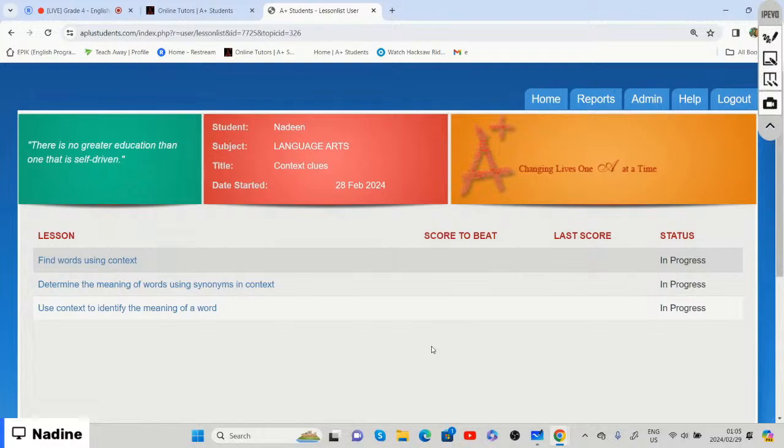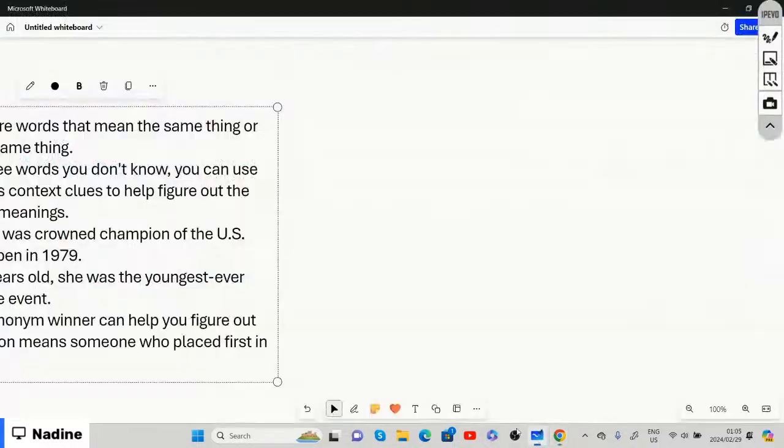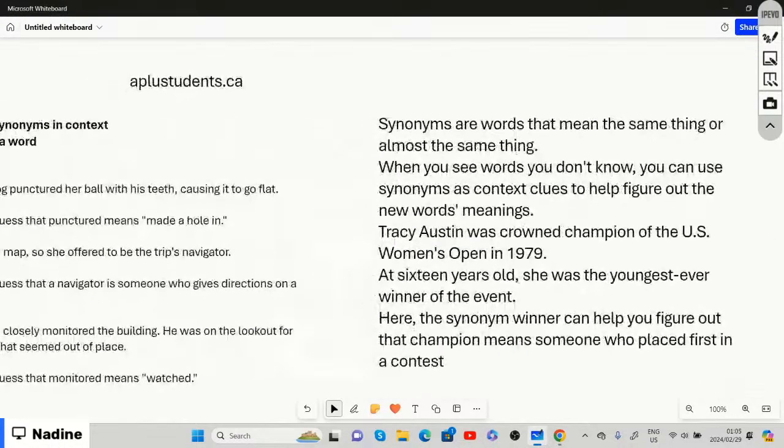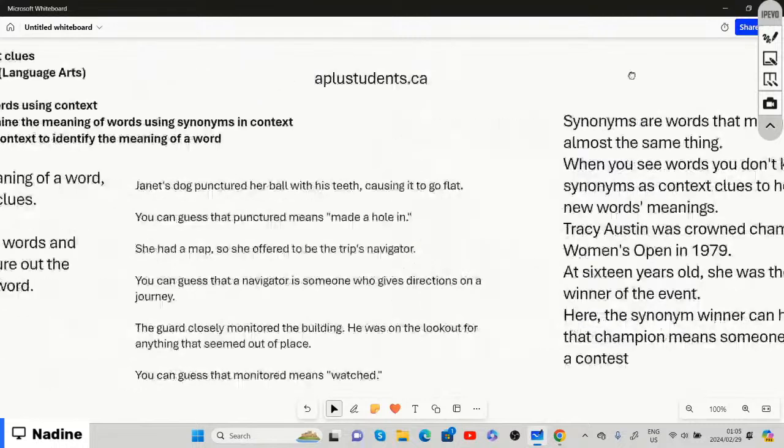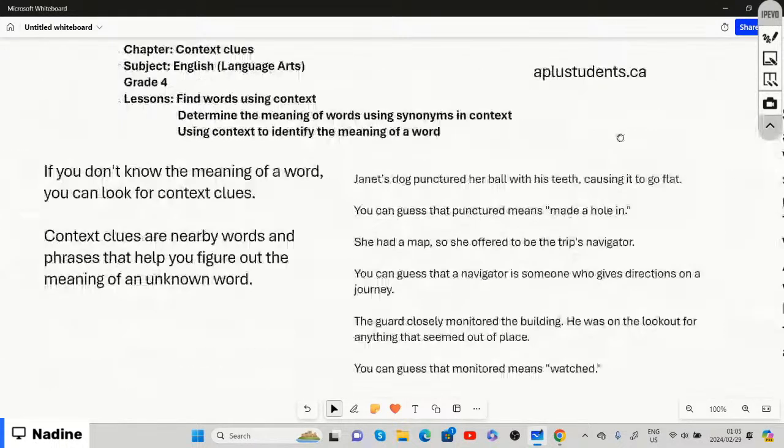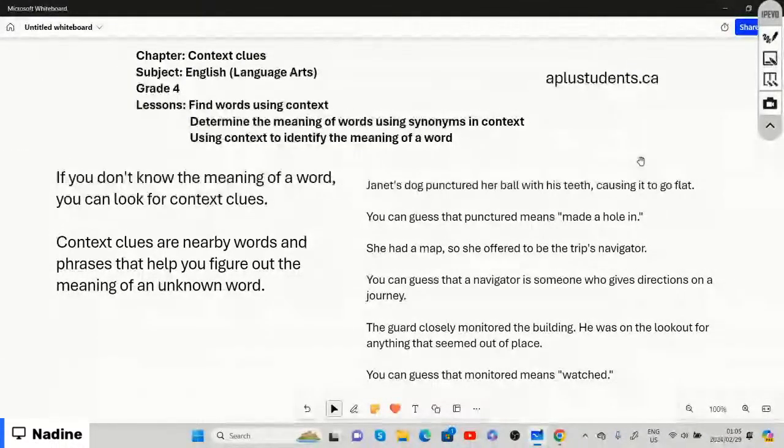All right. So our chapter is context clues. Our subject is English language arts, grade 4.